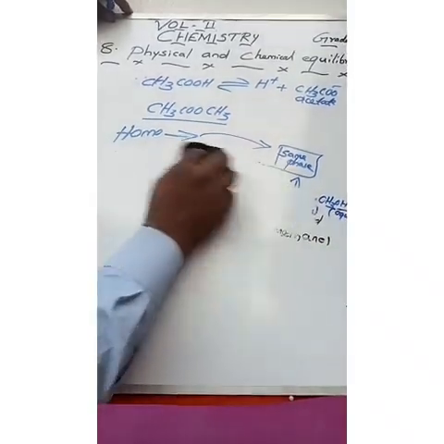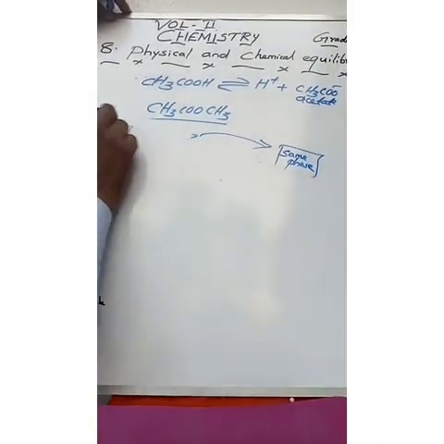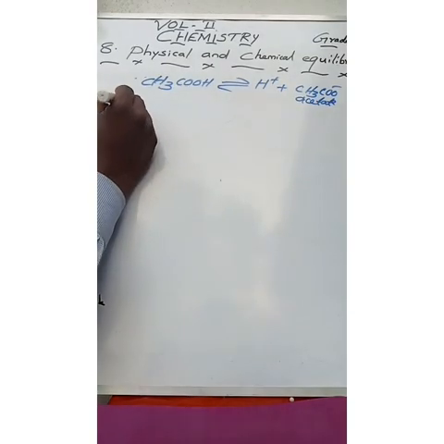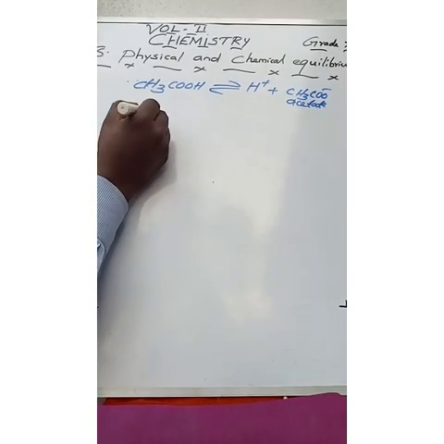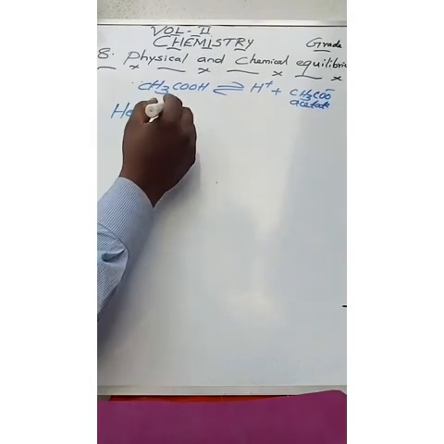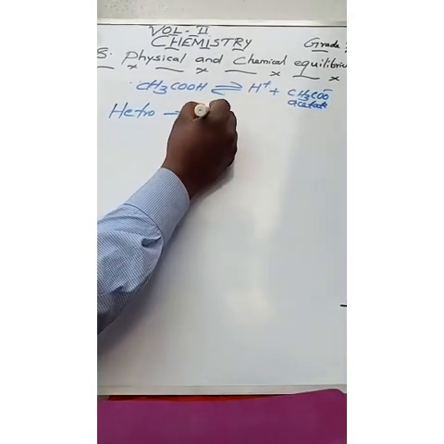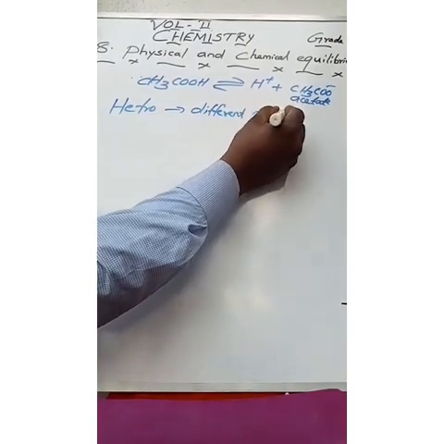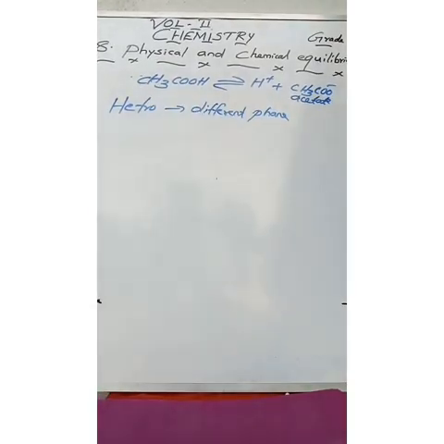What about heterogeneous? Heterogeneous means that the reactants and the products are in different phases, if the reactant and the product of the reaction in equilibrium are in different phases. Different means hetero, same means homo.